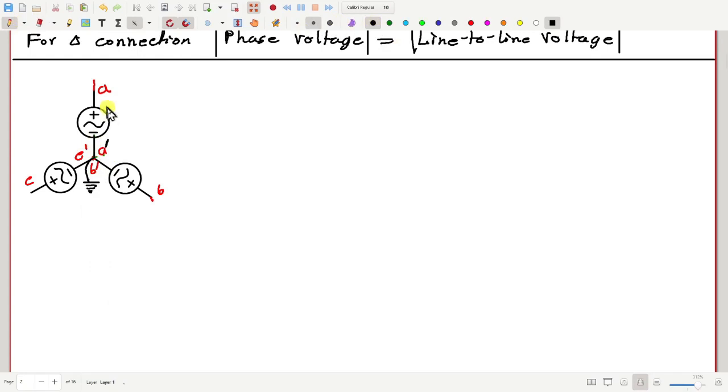Suppose the phasor representation of voltage AA prime is VA bar, plus and minus, and the phasor representation of VBB prime is VB, plus on this side and minus on this side, and similarly VC. VA corresponds to V peak sine omega t.